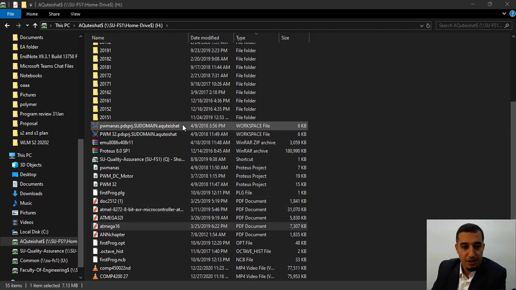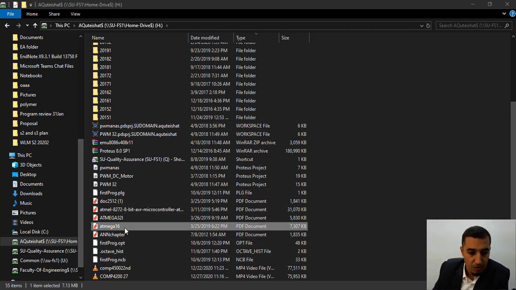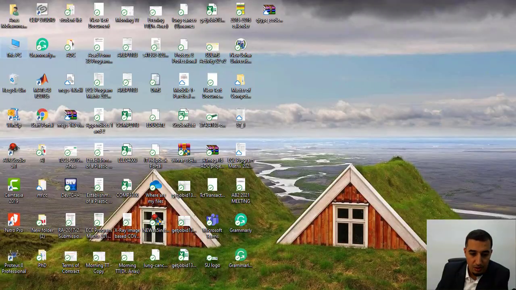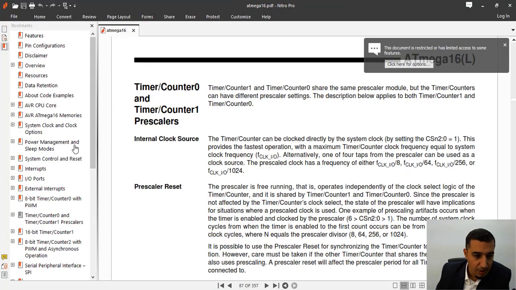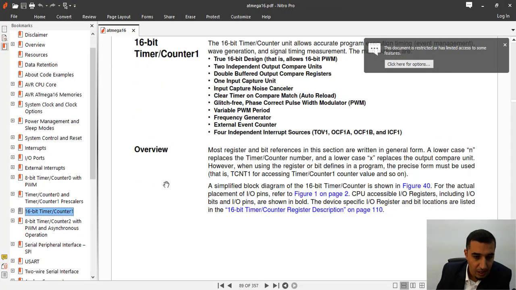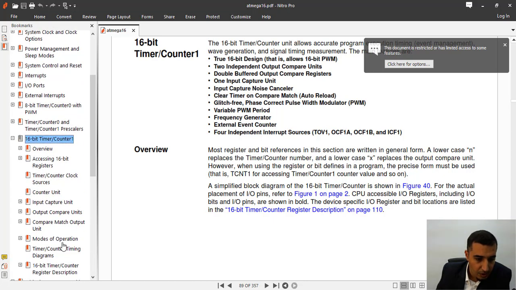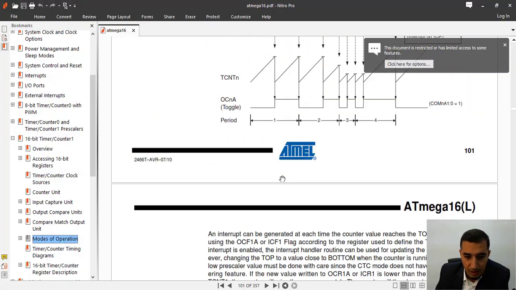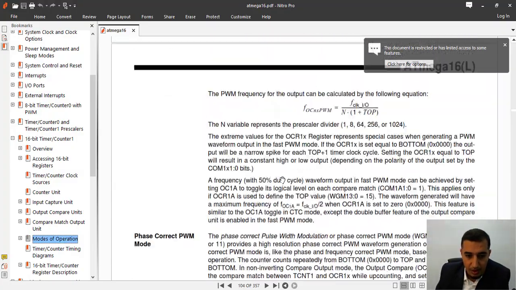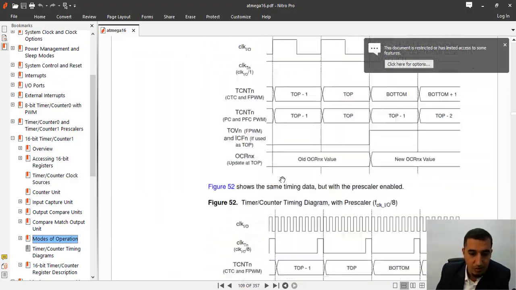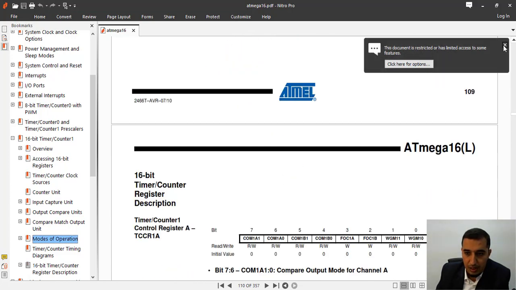Once the datasheet opens, I am going to go to timers and counters, counter 1, and inside it I will go to modes of operation. Then I will check how to generate the different signals.